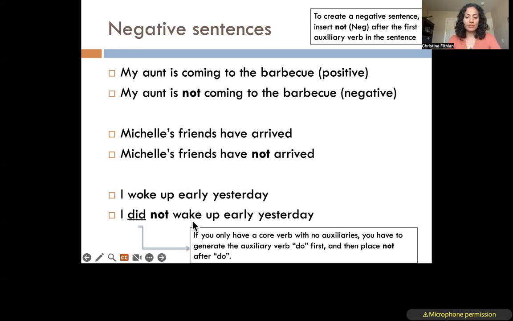Rather, you're going to notice that this verb is in its base form or infinitival form. It's got no tense added to that. And the tense is actually over here on do. So we're going to revisit this sentence a little bit more. I'm going to ask you a couple more questions about this later. So here we see following do or do not, we're going to have a base or infinitival form of the verb.